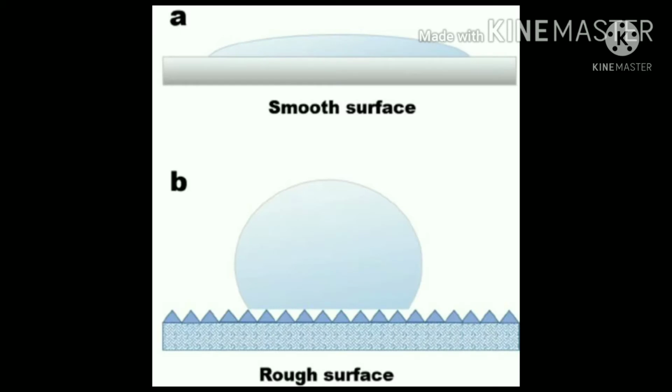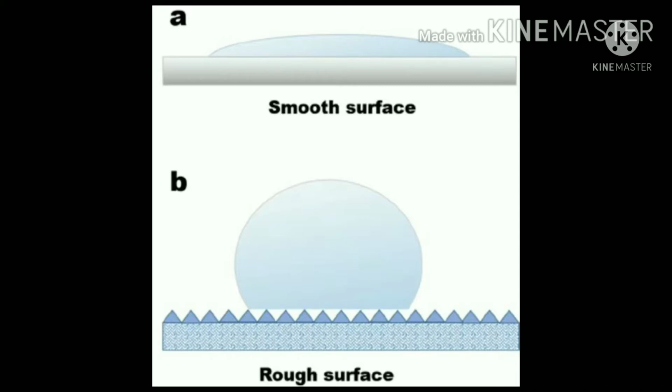Before, we studied the different types of surfaces. Do you remember? The surfaces are rough surface and smooth surface, isn't it? What is a rough surface?